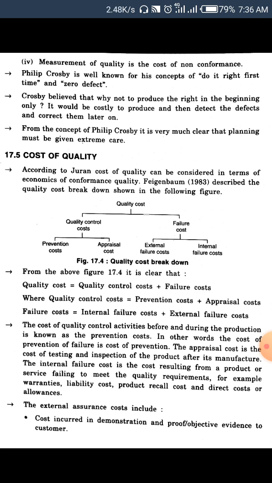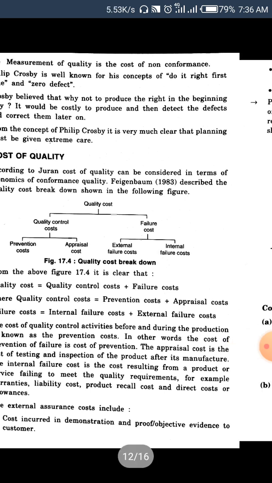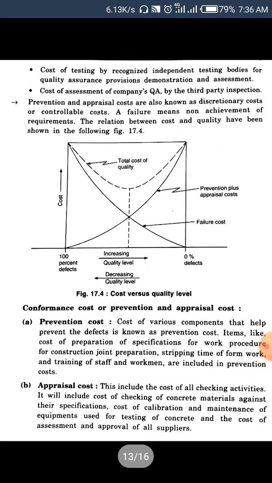And external assurance cost includes the cost incurred in demonstration and proof or objective evidence to the customer, then the cost of testing by recognized independent testing bodies for quality assurance. So these are the external quality cost. And prevention and appraisal cost are also known as discretionary cost or controllable cost.